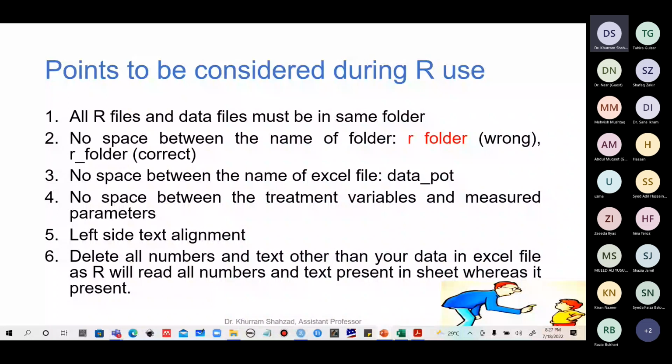And I will show you in the data file, the alignment should be left side. It should not be in the center. If the data is centered, it also creates space before and after, so all will be confused whether it's a single space or a double space. And delete everything other than your data. If any number or text is present somewhere in your files, R will read those numbers as text and will give you an error.